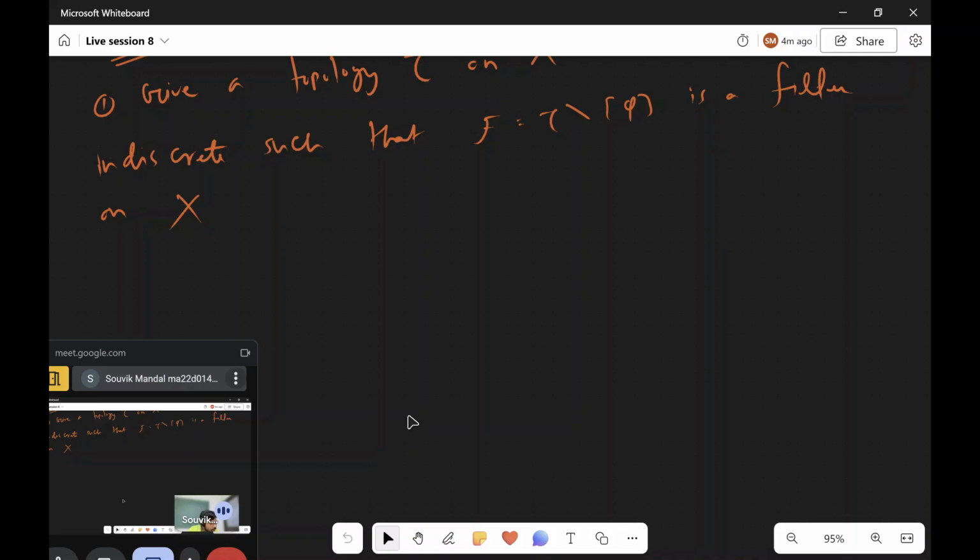The hint is that you can exploit the definitions of filters. In the meantime, let me find some other questions too.